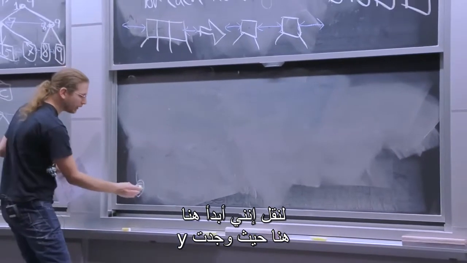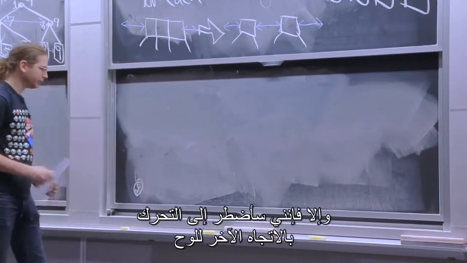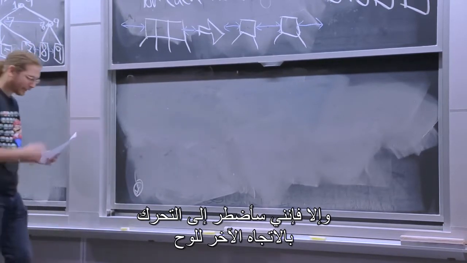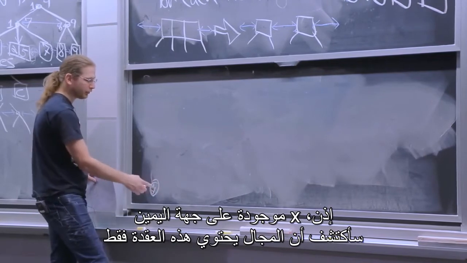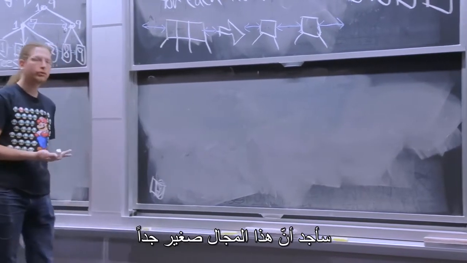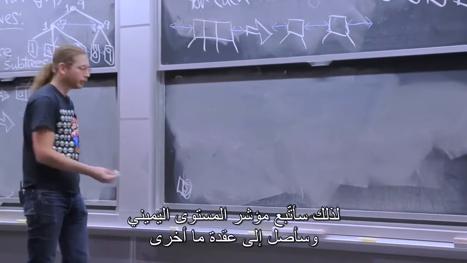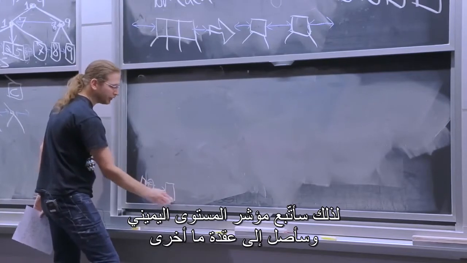This is where y was. I'm searching for x. Let's suppose x is to the right, just because otherwise I go to the other board. So x is to the right. I'll discover that the range, with just this node, maybe contains one other key. But I'll find that range is too small, so I'm going to follow the level right pointer, and I get to some other node.